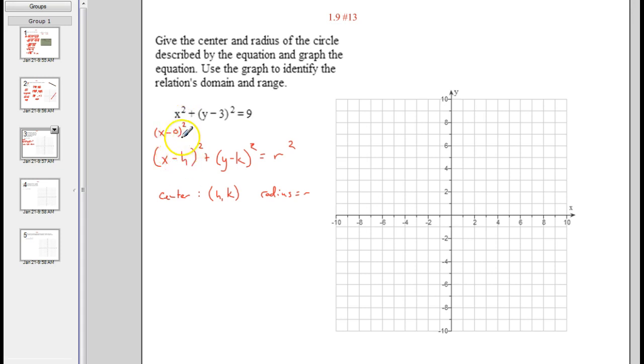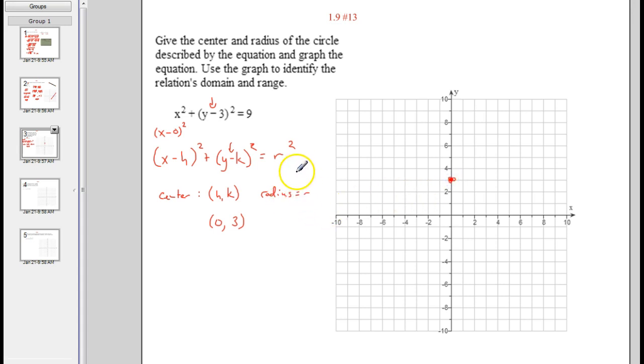In that case, 0 is our h, so our center is 0. Then y minus k: we're subtracting 3, so k is not negative 3 but 3, because there's this minus sign in the actual standard form of a circle. So k is just the number that we're subtracting. So (0, 3) is the center of this circle.